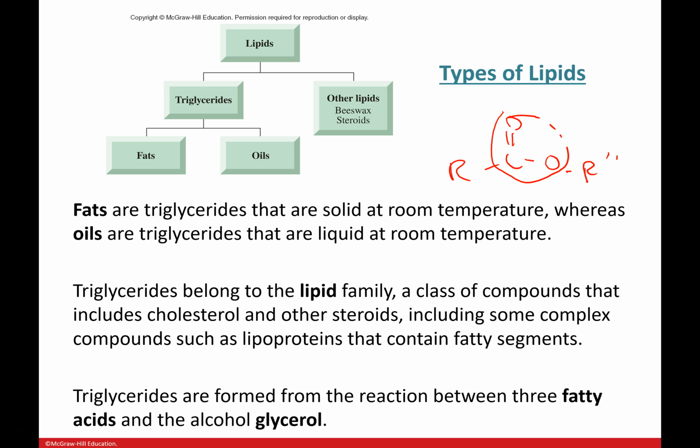So, is that what the word glyceride is? Glycerol would be that carbon. It's a tri-alcohol. Glycerol is just the hub.